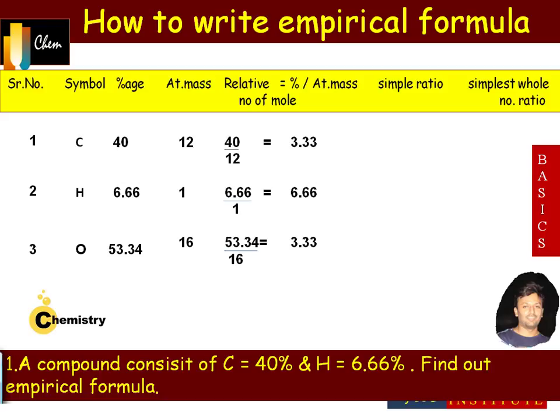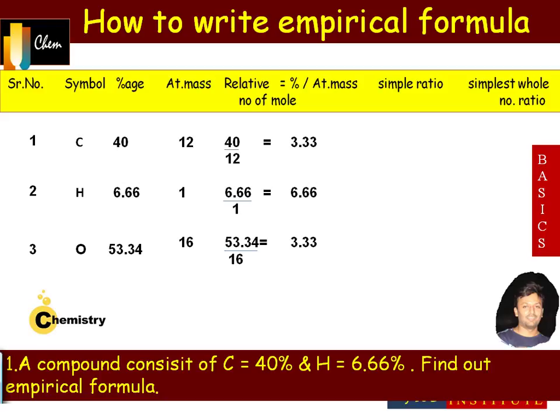The next step is to find out the simple ratio. So divide all the values by the lowest quantity. As we are seeing, in the relative number of moles, the lowest quantity is 3.33.